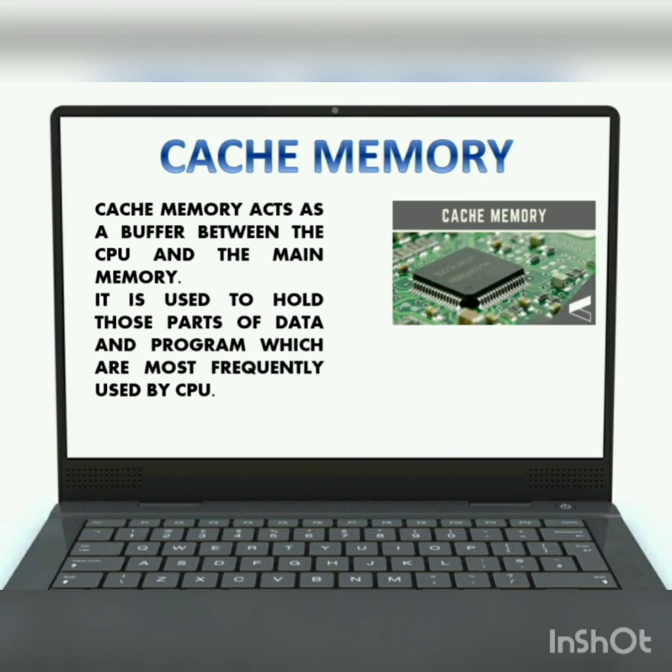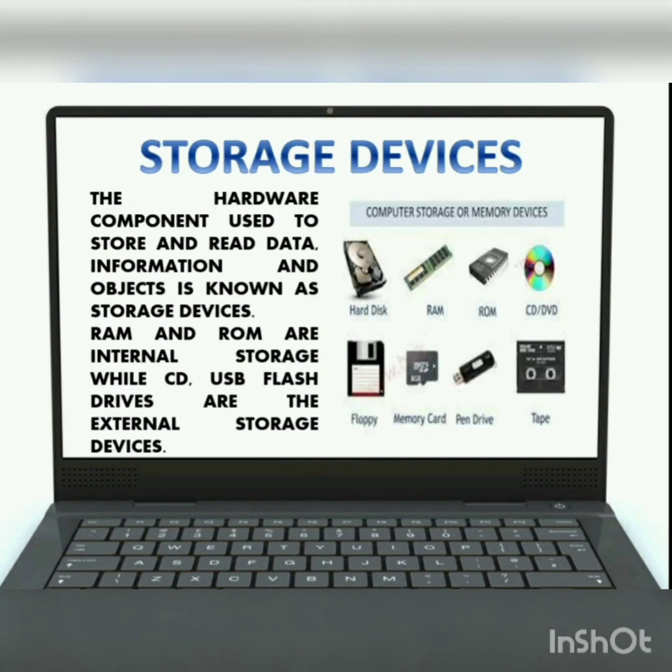Cache memory is faster than main memory. It consumes less access time as compared to the main memory. It stores the programs that can be executed within a short period of time, and it stores data for a temporary purpose.